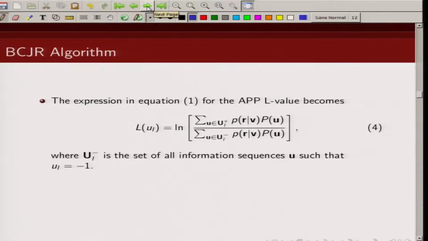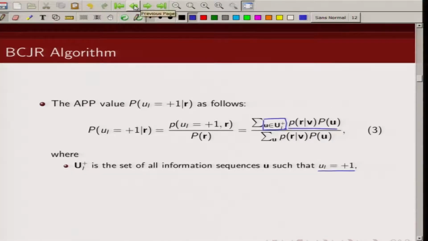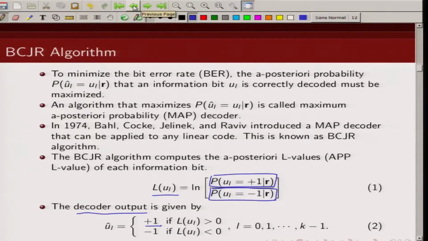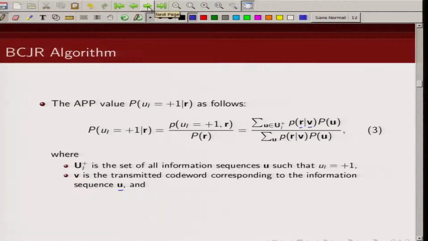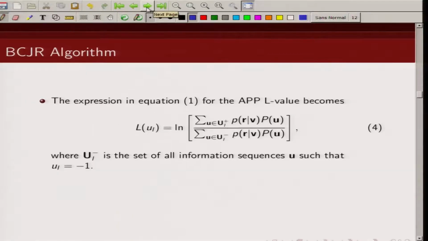Now, if you go back here, in the denominator we need to compute the probability of U_l being -1 given R. So, similar to this term, we can also write the probability of U_l being -1 given R, and the probability of R is a common term. So, if we do that, what we get is this.